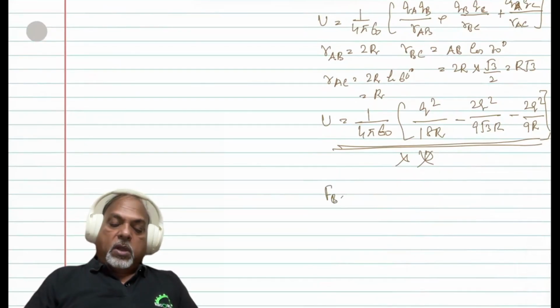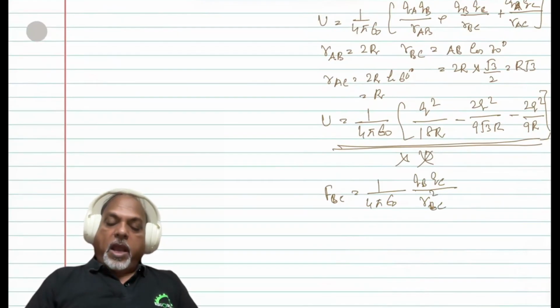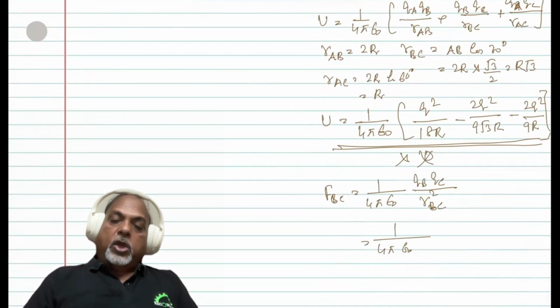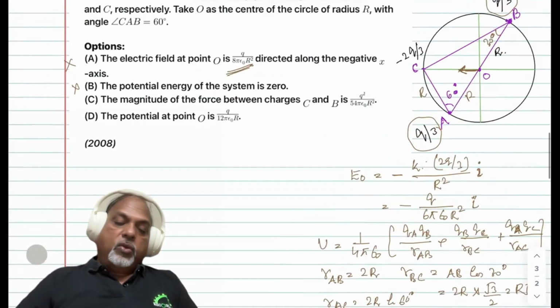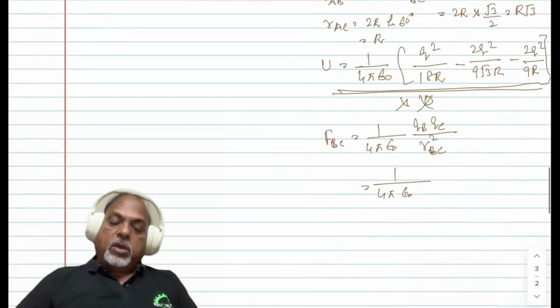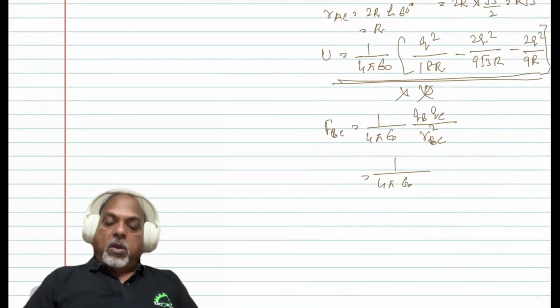The magnitude of force between charges C and B is nothing but 1 by 4 pi epsilon 0 QB QC upon RBC square. QB is Q by 3 and QC is minus 2Q by 3, and we are finding the magnitude.